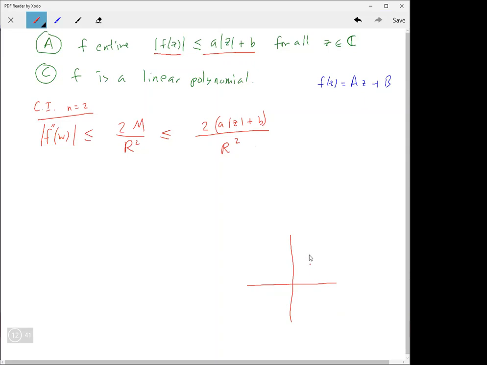So if this is W right there, you just choose each W individually in the complex numbers. The idea is you want to take a circle that's bigger than twice this radius here.